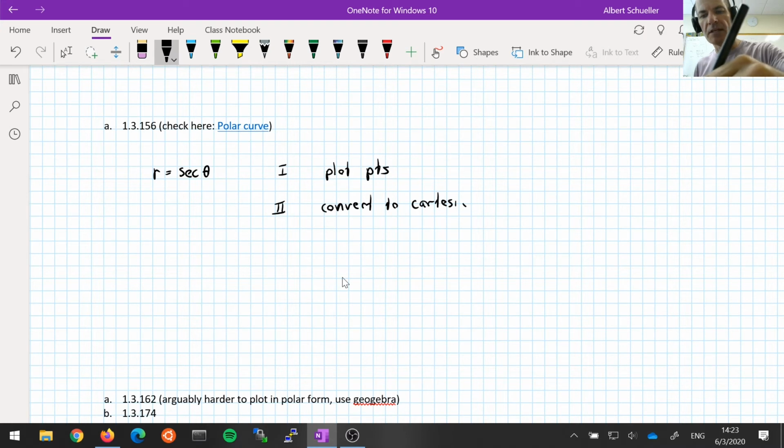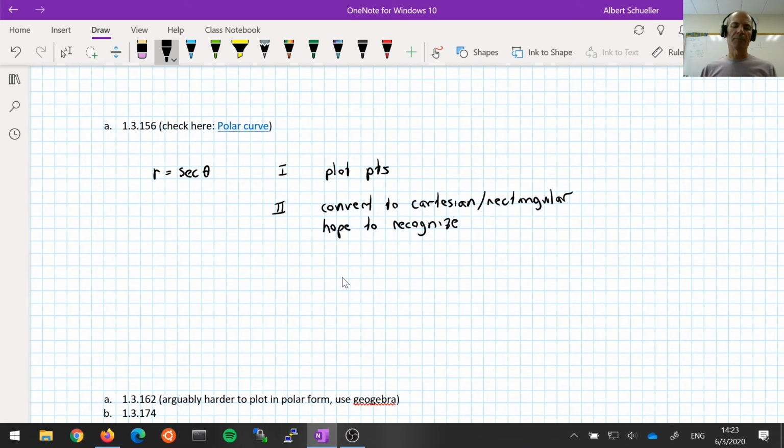I keep saying Cartesian. It's the same as rectangular. And then hope we recognize it. So let's do option 2. We've got to play around with this a little bit.